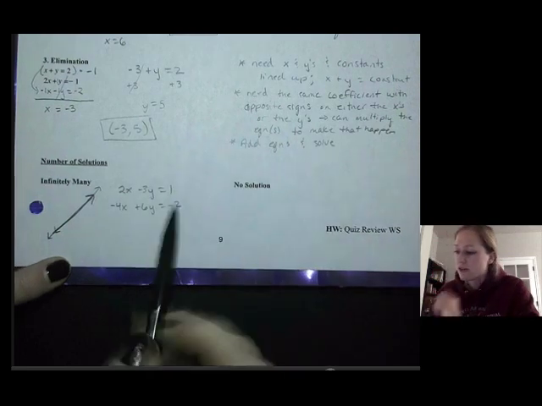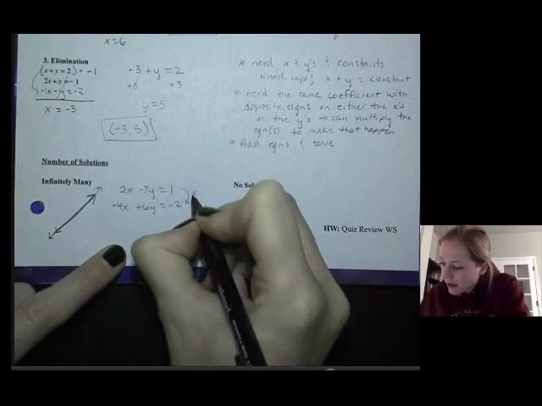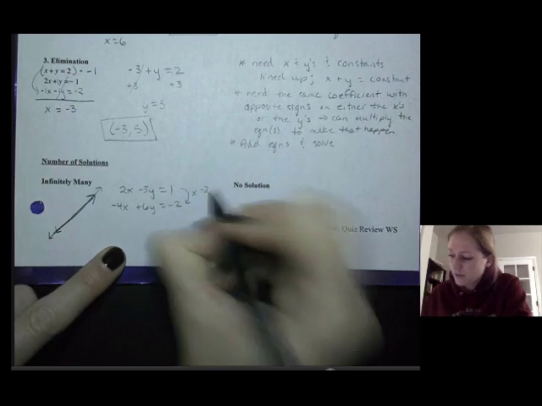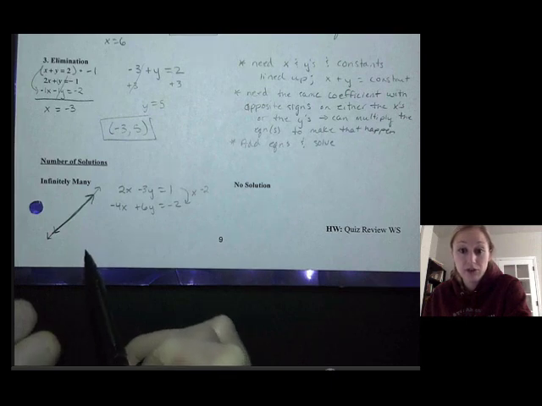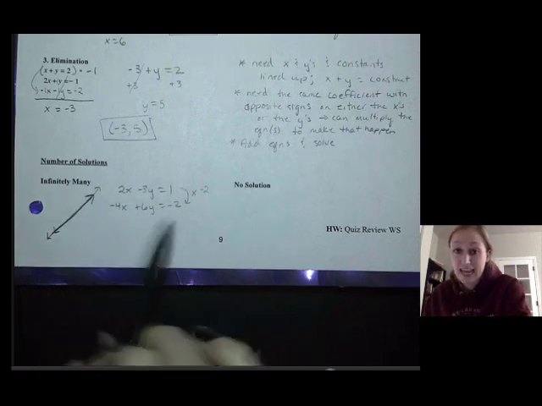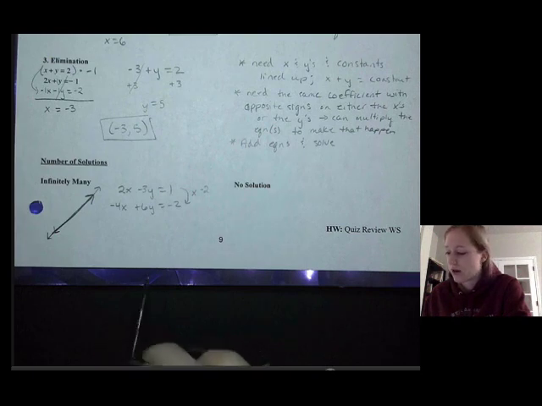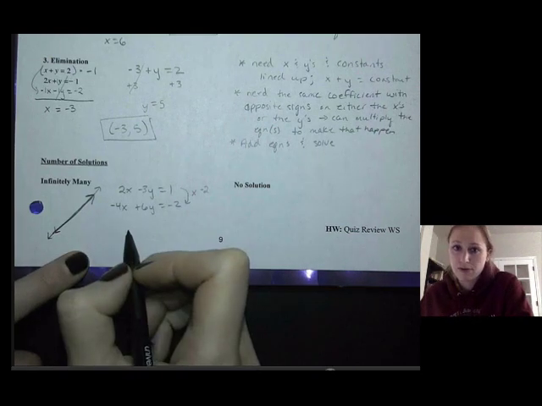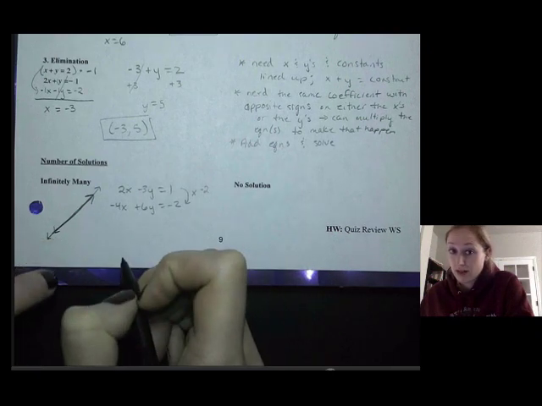Okay, so if I look, this top equation is all being multiplied by negative 2. So if you notice that one equation is just a multiple of the other, every single thing, x's, y's, and constants, it's automatically an infinitely many solution problem. So you don't need to even worry about doing the solving step. You can just write infinitely many solutions.